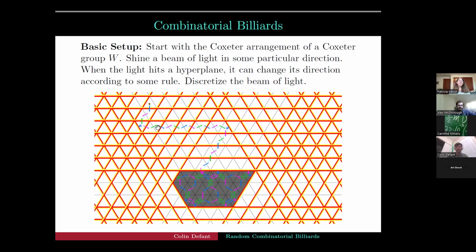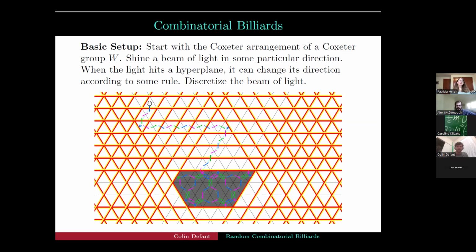It reflects so that the angle of incidence equals the angle of reflection, like a usual beam of light would do. Then it moves over to here until it gets to this hyperplane, but then it can't keep going because it would be moving strictly away from this shaded set. So it reflects again, and then it ends up in this shaded set, and it starts bouncing around the way a beam of light would. But what I want to focus on are these arrows, which represent how we're discretizing the beam of light.